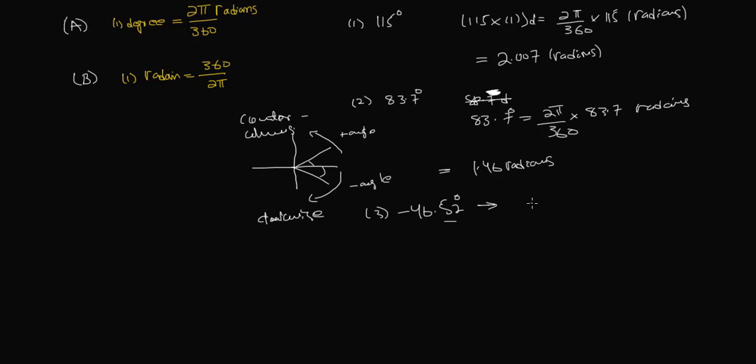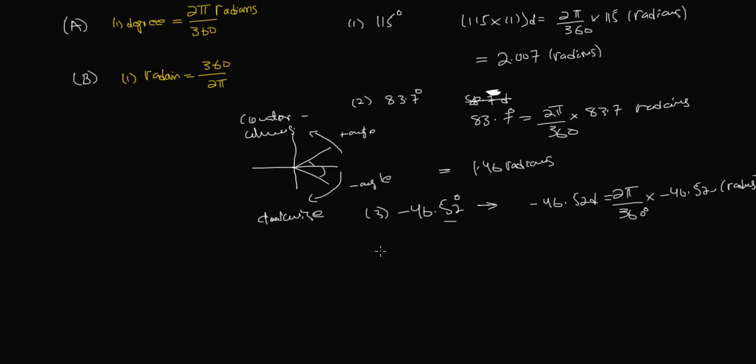So negative 46.52 degrees is going to be equal to, by conversion setup A, 2 pi over 360 degrees multiplied by negative 46.52, and all of that is going to be in radians.